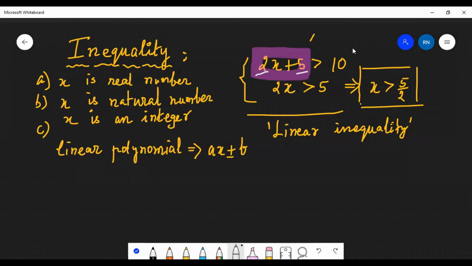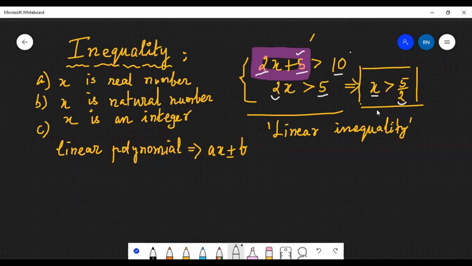So linear inequality is easy to solve because you are familiar with transposing terms from LHS to RHS and RHS to LHS. So we transpose the plus 5 to the right side, I do 10 minus 5, and bring the 2 to the denominator. So I am able to find the answer.